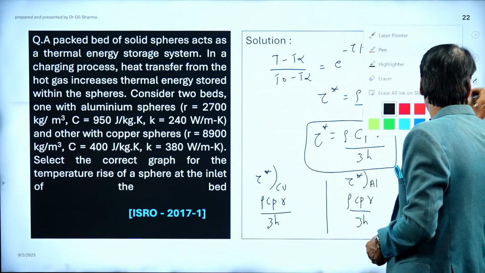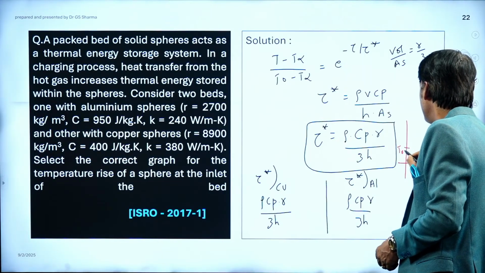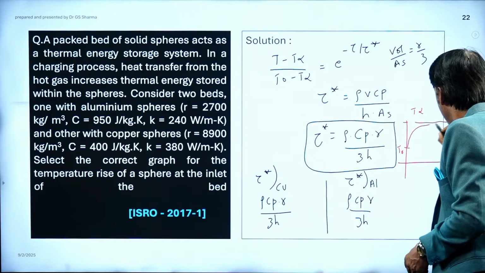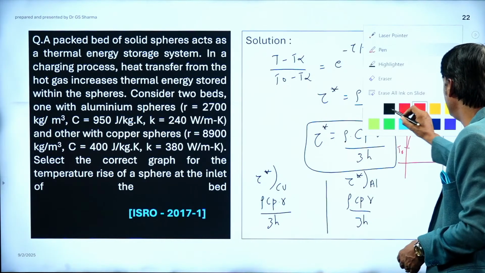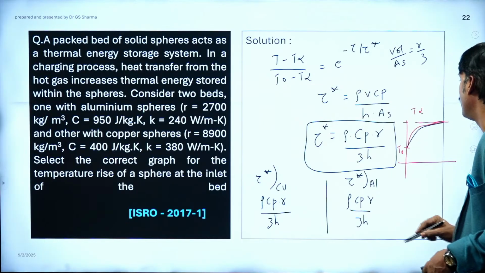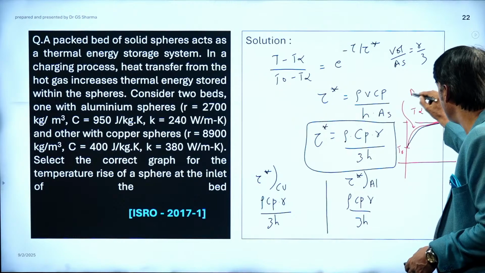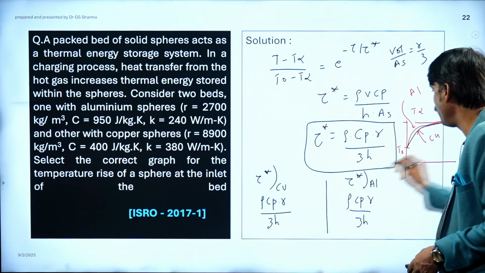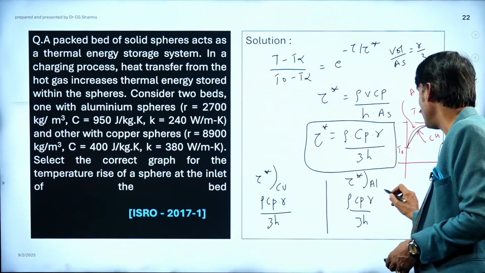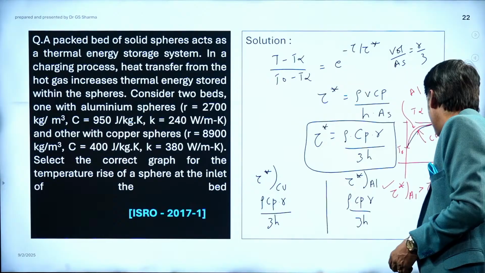That means if I am trying to draw that particular graph, say initially it is at some temperature T naught, it has to reach the ambient temperature of the furnace. It is an asymptotic curve, so they will reach like this. This is aluminum and this is copper. So whichever value you have, that will be your steeper curve. And you are observing that tau star of aluminum is higher than tau star of copper.